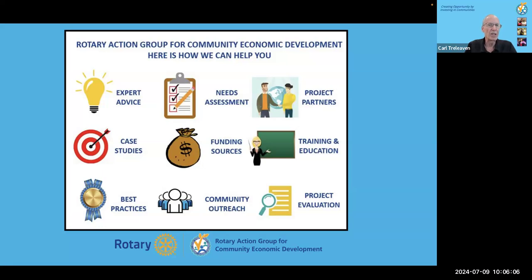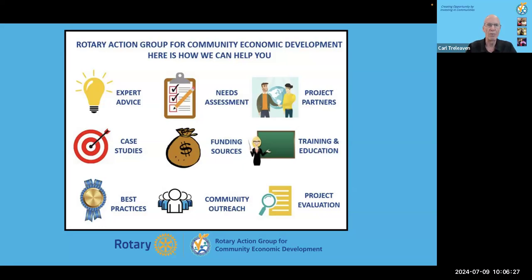After all, RAGCED is a worldwide network of Rotarians and others who are very focused on economic development. And in that network, we can help you identify best practices out there. We also can help you with community outreach. And finally, project evaluation.